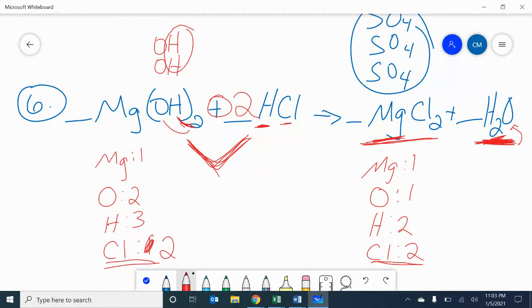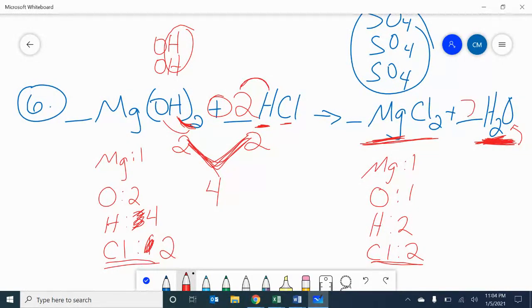Now they're balanced. But putting this 2 here just affected this H. So now right there I have 2 H's, and right here I have 2 H's. That brings my total to 4. So 4 H's now. On the right-hand side I have 2. Can I get 4?